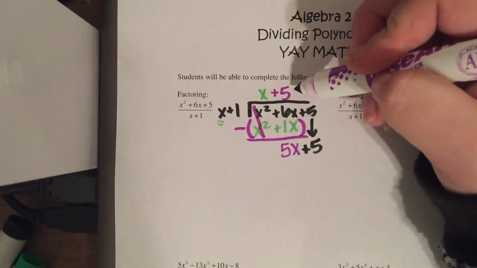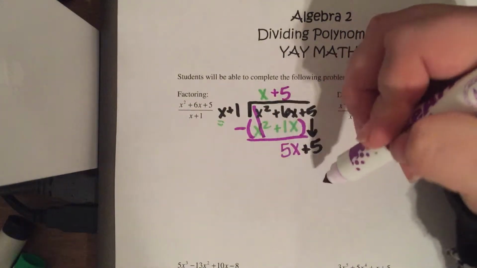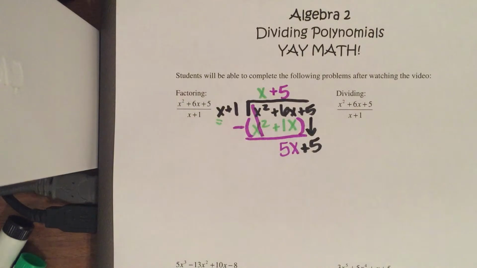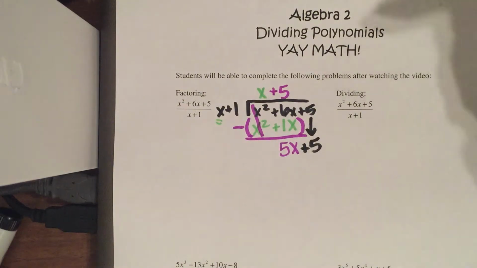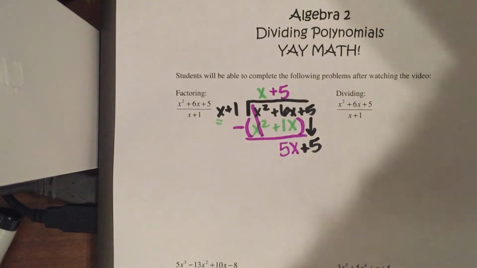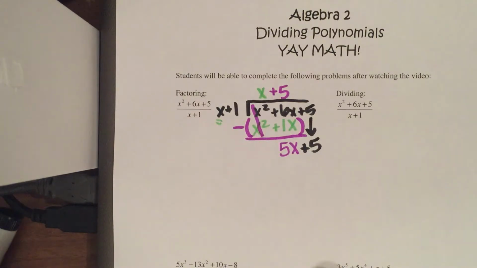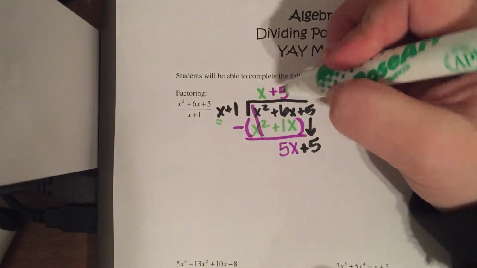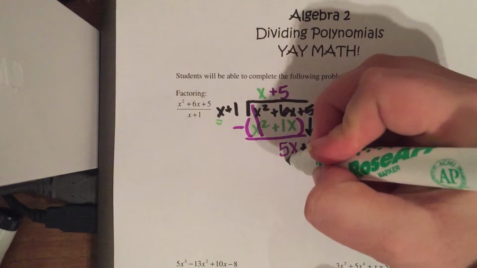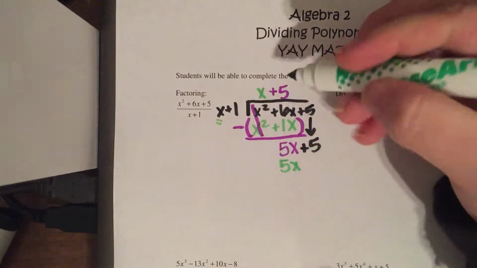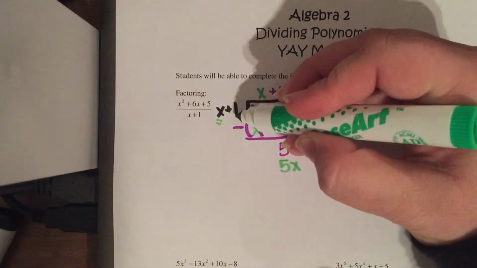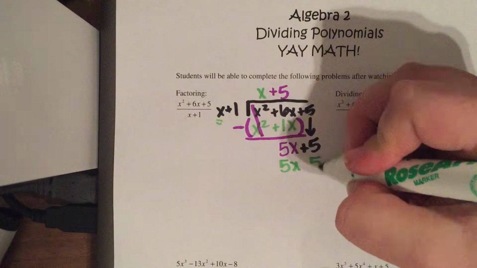Now I need to distribute the 5 to get my new set of terms to subtract. So I'm going to be distributing the 5 to both of those terms. So I'm going to say 5 times x is 5x. And 5 times 1 is 5.